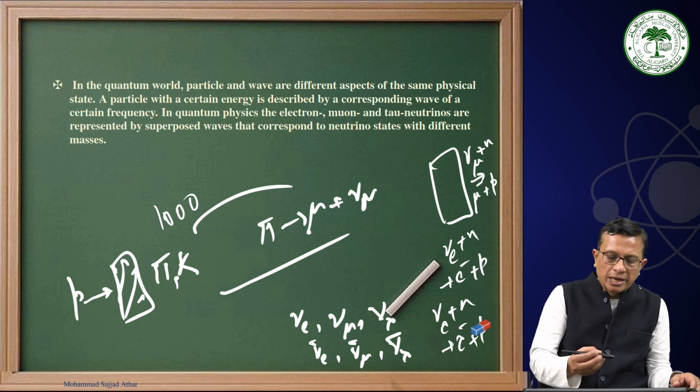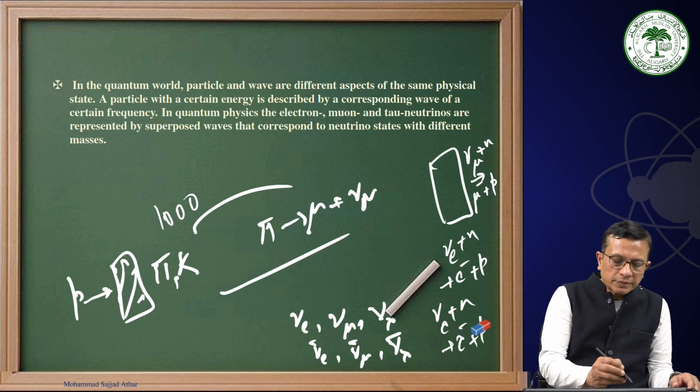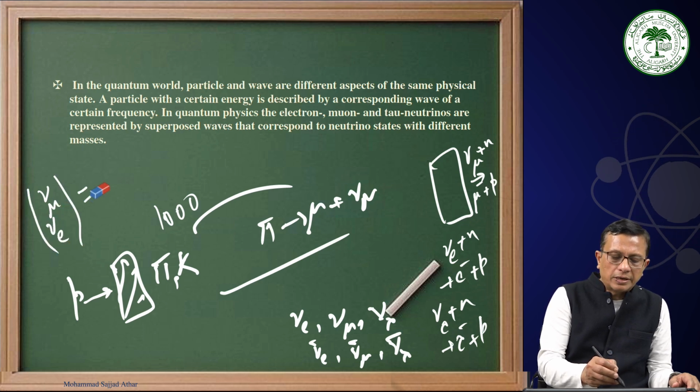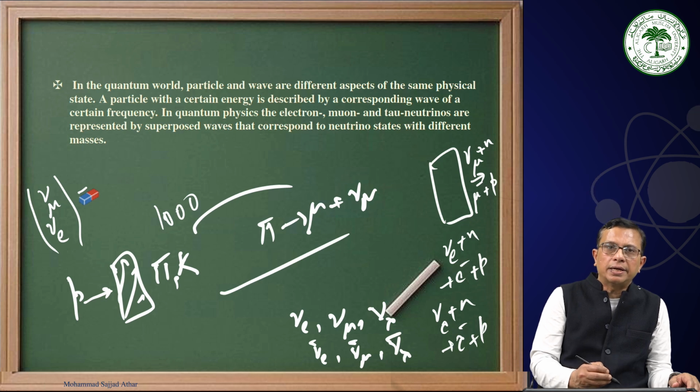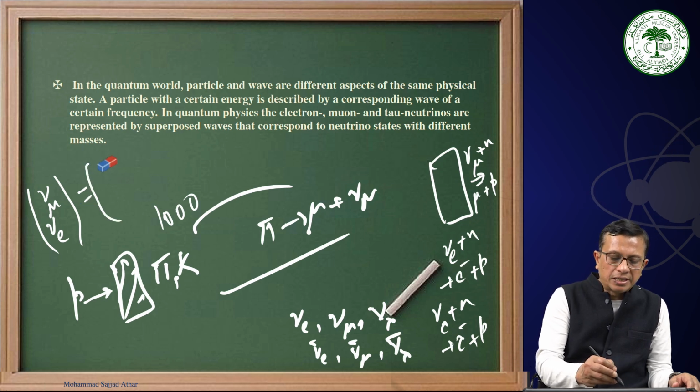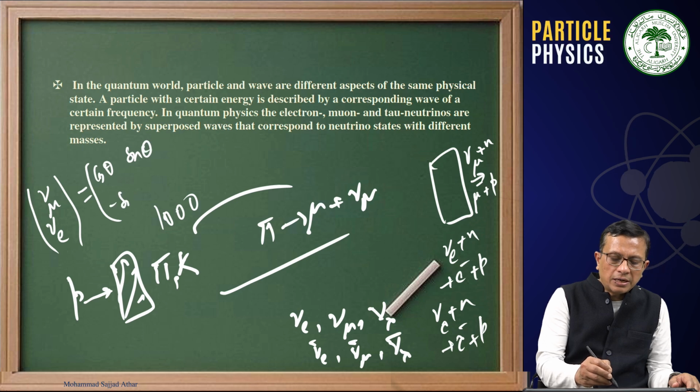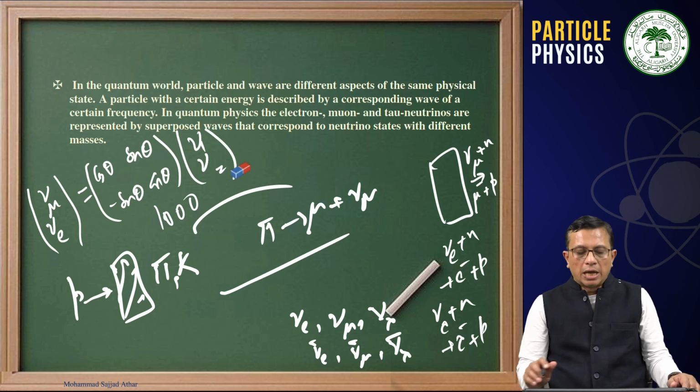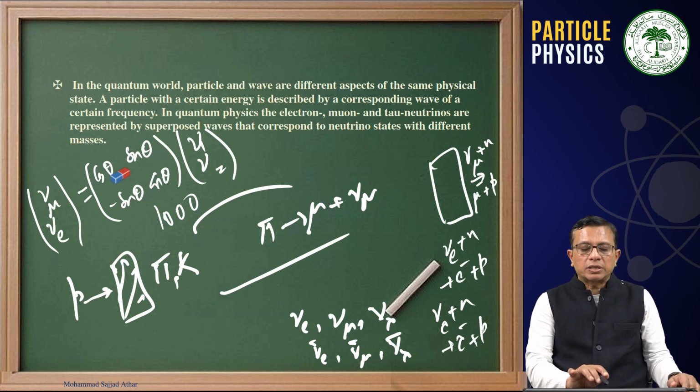Therefore, in the two flavor oscillation scenario, we have nu mu and nu e as the flavor states, while they travel as mass eigenstates nu 1 and nu 2. And what is nu mu? This is cos theta nu 1 plus sin theta nu 2.